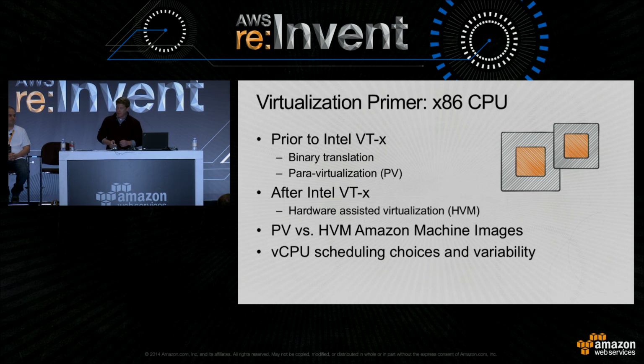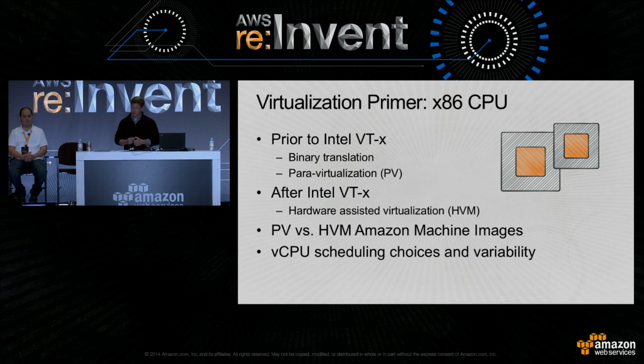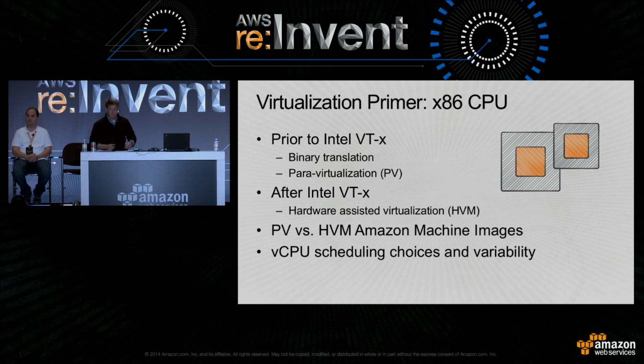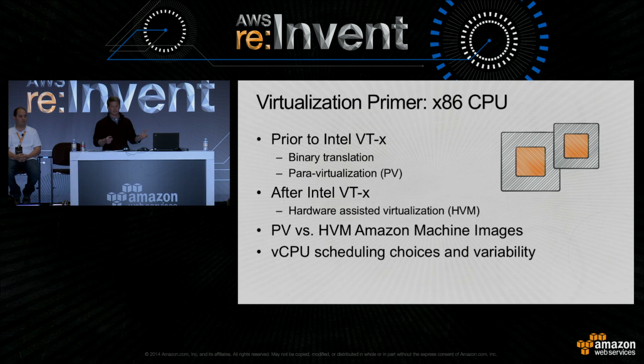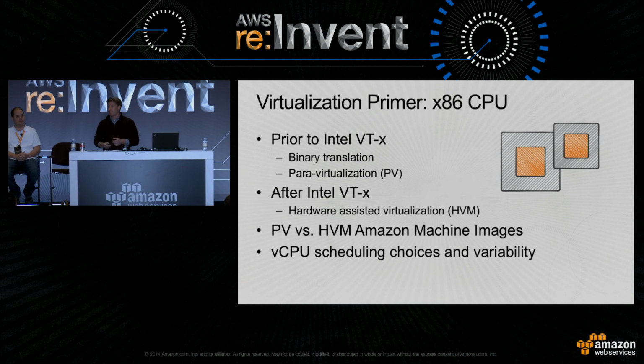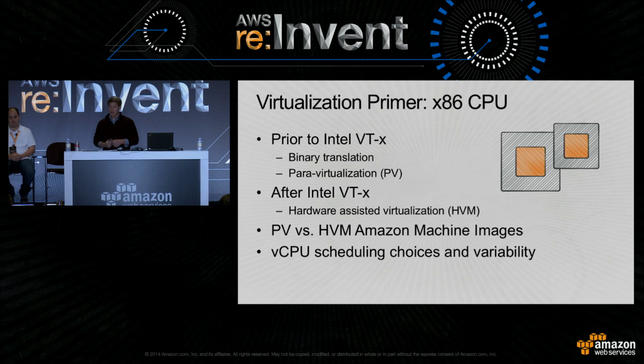Now, another thing to think about with CPU virtualization is the scheduling choices that you have. The naive approach to scheduling vCPUs actually results in variability. And this is to let the hypervisor schedule virtual CPUs to physical CPUs as needed, rather than doing something like direct assignment or pinning, or providing some other control mechanism to increase consistency and predictability.